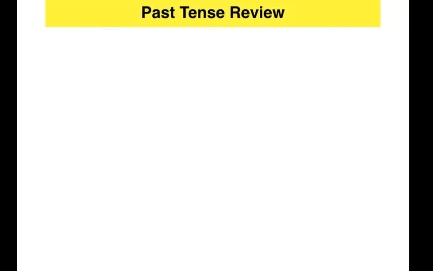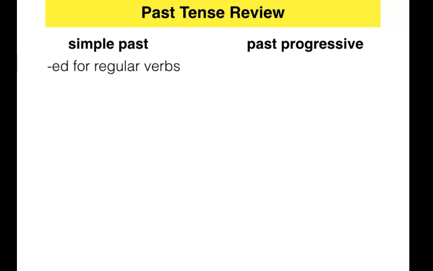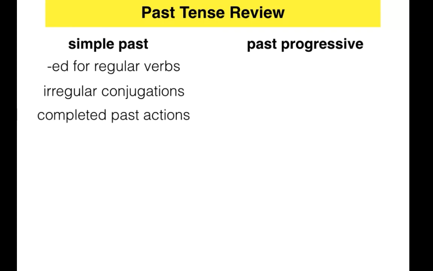Okay, let's quickly summarize this review. We use both the simple past and the past progressive to talk about past time events in English. To form the simple past, we need an -ed for regular verbs. But watch out, because there are a lot of irregular conjugations as well. We use the simple past to talk about completed past actions, and this tense is often accompanied by time words, like yesterday.